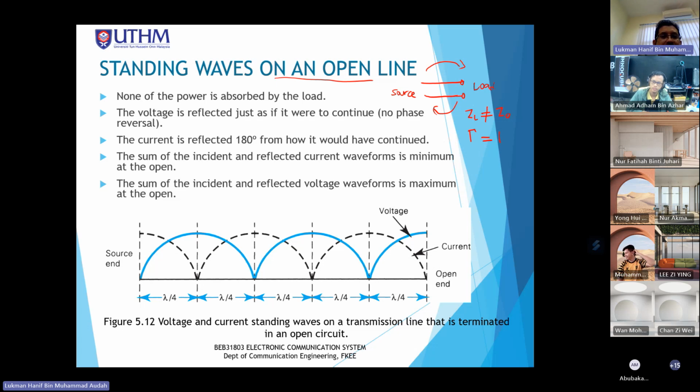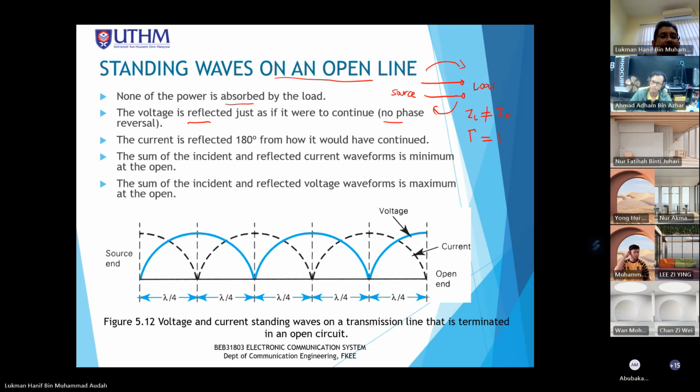In a standing wave, none of the power is absorbed by the load, so it's going to be total reflection. The voltage of the wave will be reflected back and there's no phase reversal. For the voltage, that means the incident voltage has the same phase as the reflected voltage.